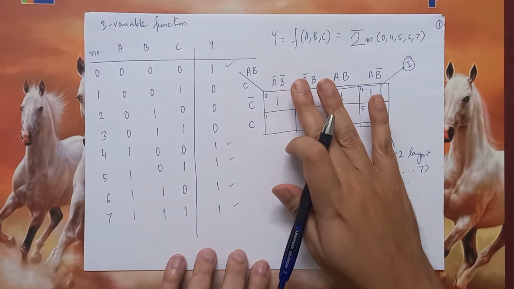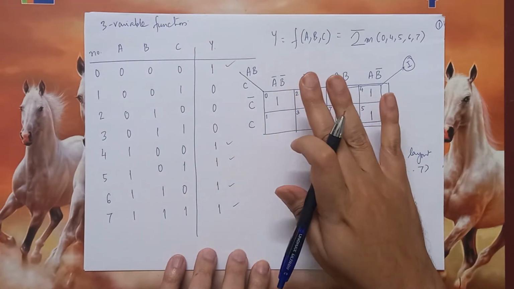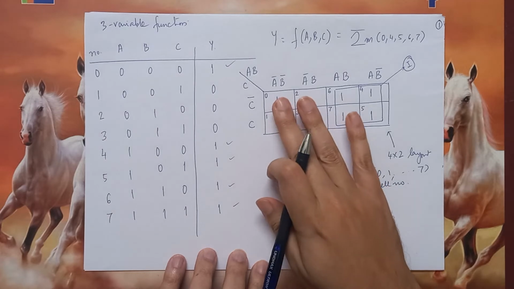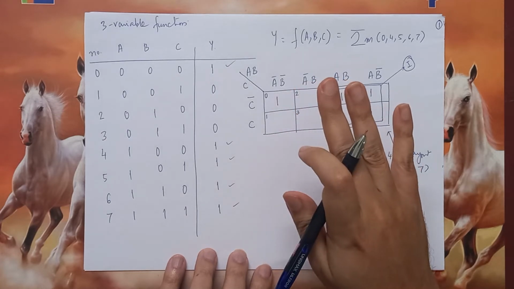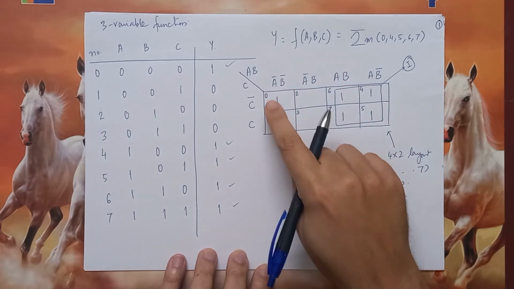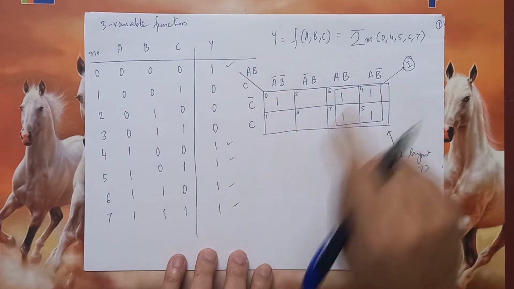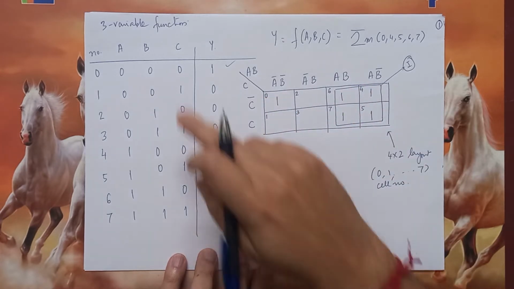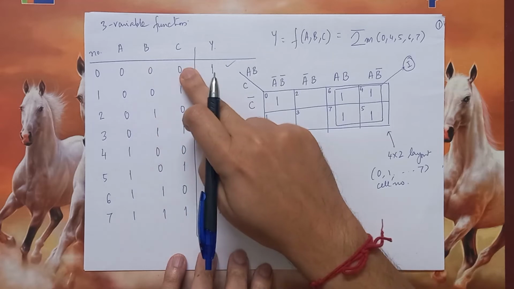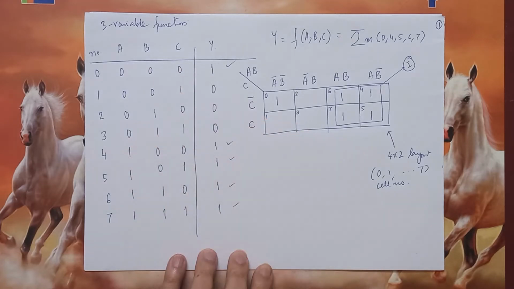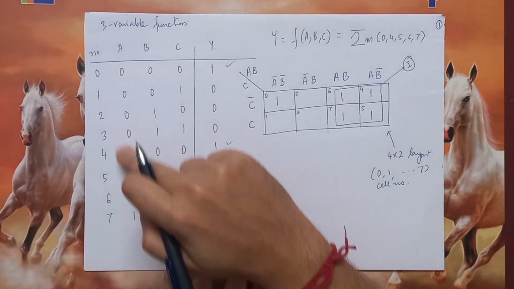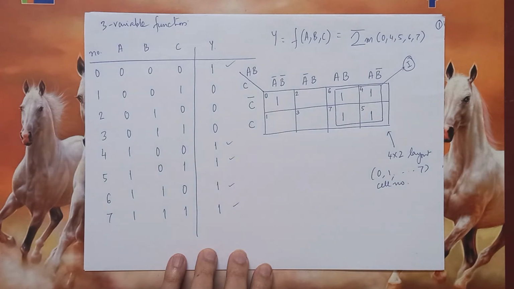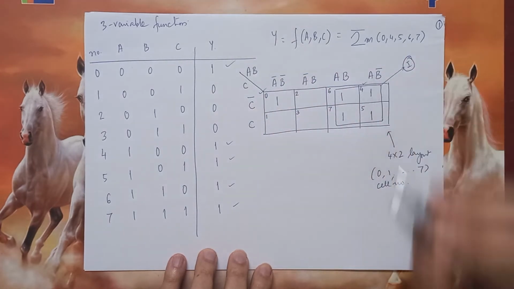This is why I said you to be a little bit more watchful when you are dealing with K-maps of variables more than 2. Let us look at 0 and 4. 0 is 0, 0, 0, whereas 4 is 1, 0, 0. So actually even 0 and 4 are neighbors of each other. 0 and 4 are neighbors.